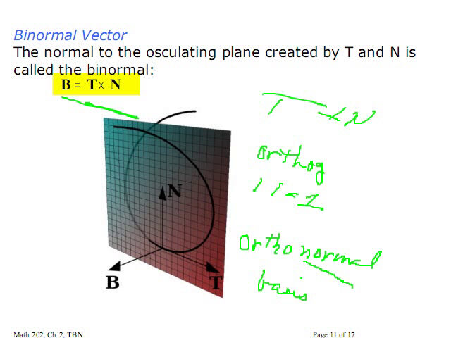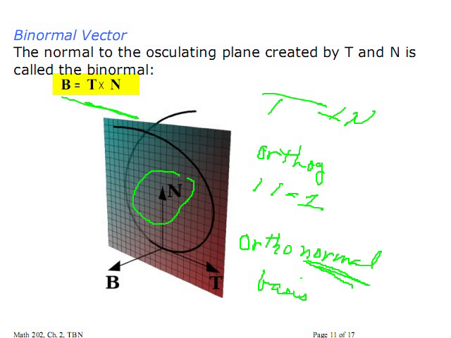The word normal is used several different ways in mathematics. Normal can mean a verb. It means that a vector or a line is at right angles to a plane. It's also used as the name of the vector that is normal to a plane or to a curve, as in this case.